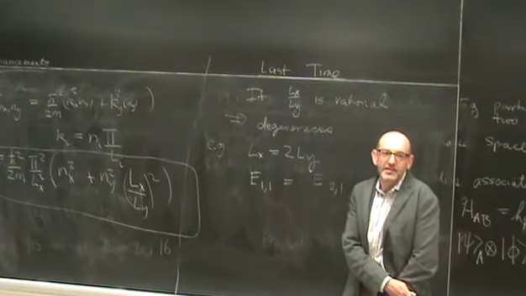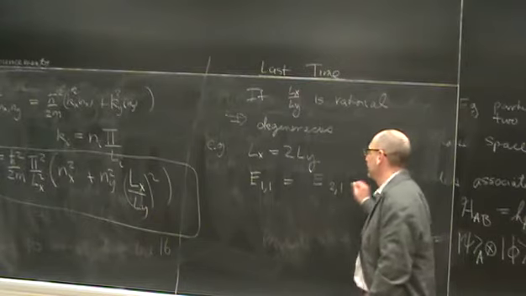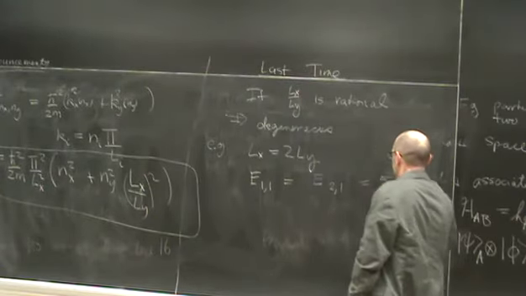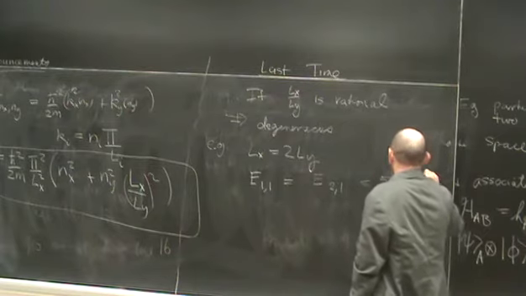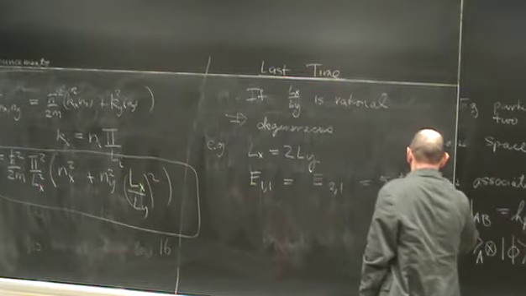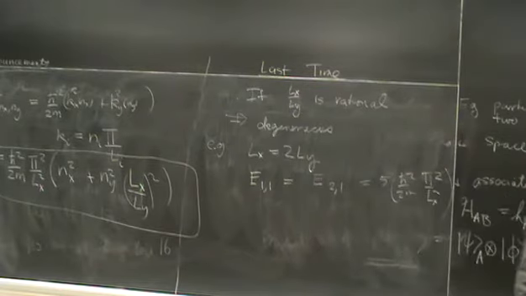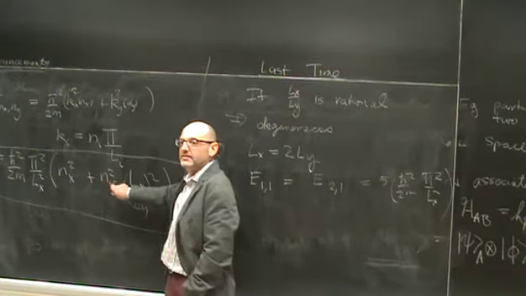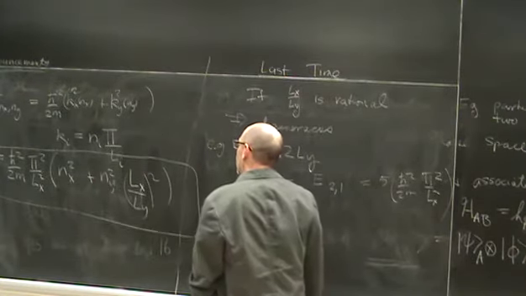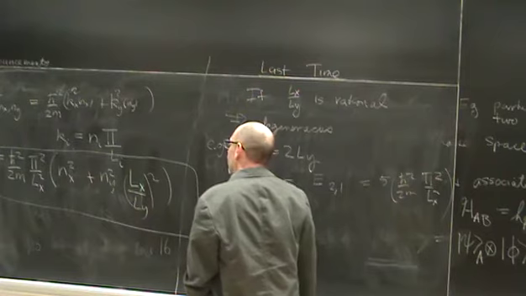Those two are the same. They're both equal to 5 times that mess, hbar squared over 2m, pi squared over L_y squared. Huh? Yeah, I don't know, because it's 1 plus, this is 1. Did I get that backwards?